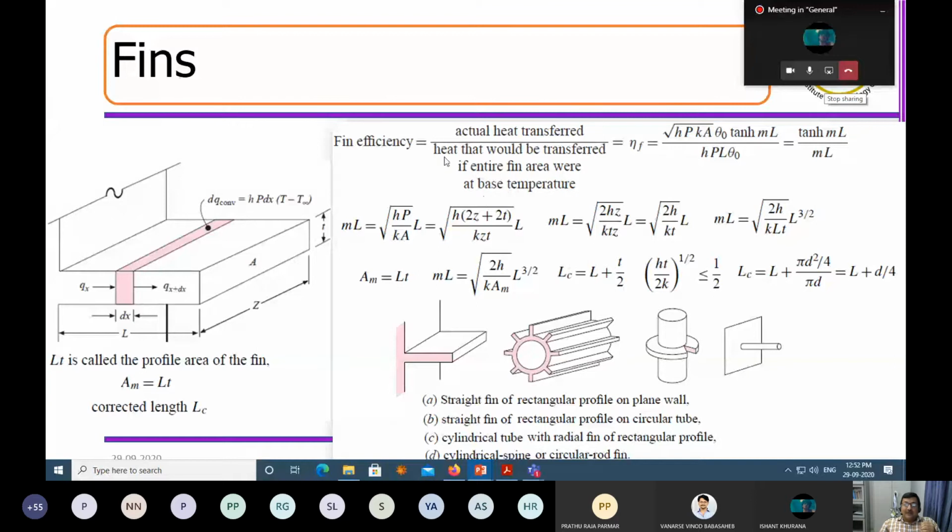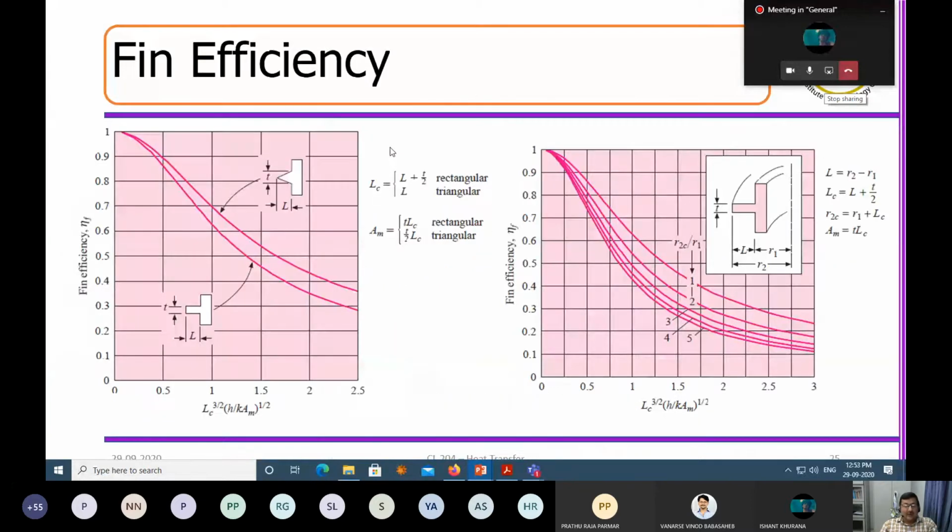This is what I have transferred with my design of equipment. Now, this is the idealization of the system. This is the idealization of the heat that would be transferred if the entire fin area was at base temperature.